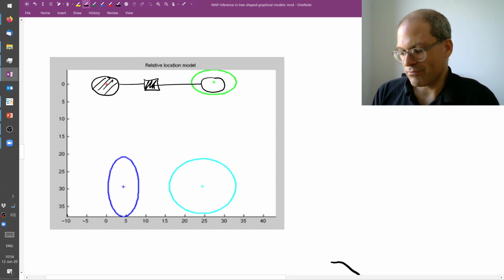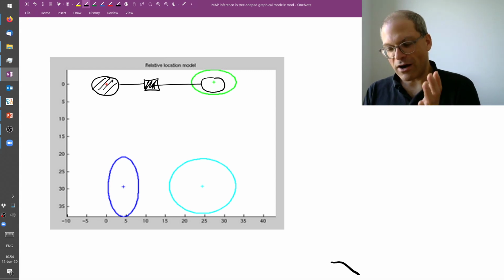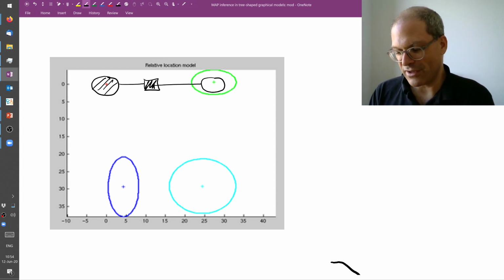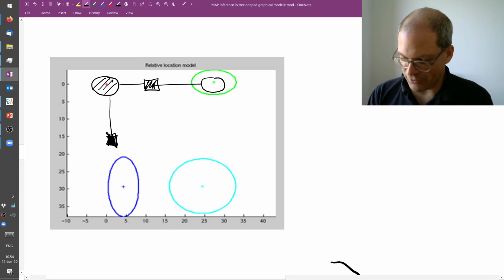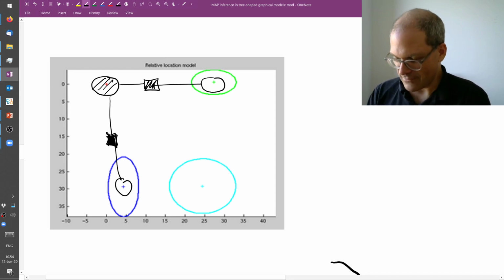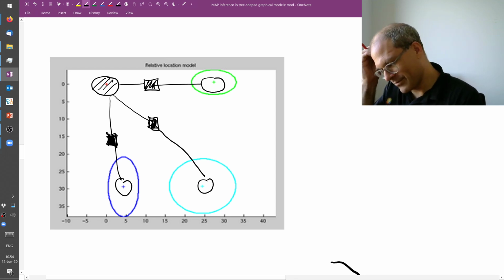And you see how hard or soft this factor is spatially in terms of this green ellipse. Then there is a factor telling you where, from our point of view, the left corner of the mouth is located, and where the right corner of the mouth is located.